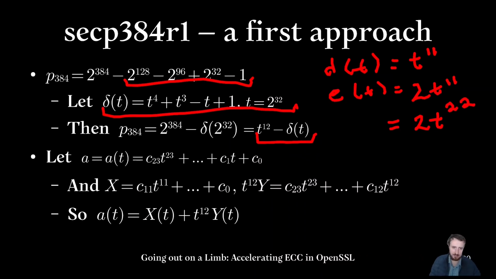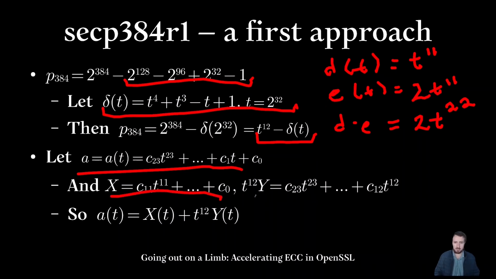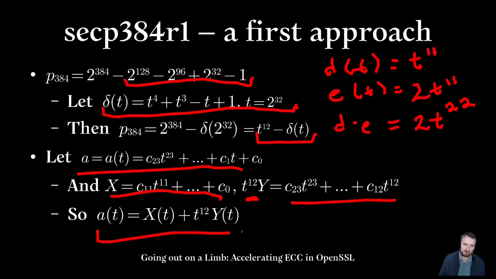And so suppose we have the product of such a multiplication. Sorry, that's d times e. Suppose we have a product of such a multiplication, call it a. Then what we might want to do in order to reduce a, modulo our prime, is separate it out into an x, that is the low order bits, and a y. So y times its place value, which is t to the 12, is this polynomial here, c23, c12, etc. And so, as we can see, this is a decomposition for a.